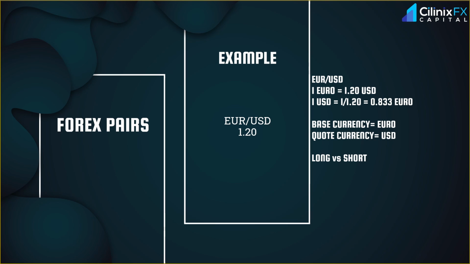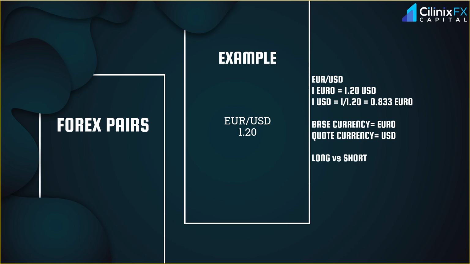And in every pair there are two currencies, and in a pair the first currency is the base currency, in this case the euro, and the second currency is the quote currency, in this case the US dollar. For example, when you think the euro will get stronger compared to the US dollar, the exchange rate of EURUSD will rise, because you will be able to get more dollars for 1 euro.